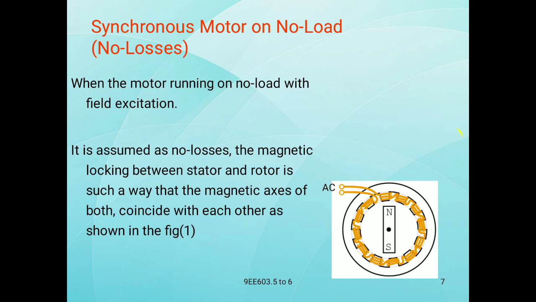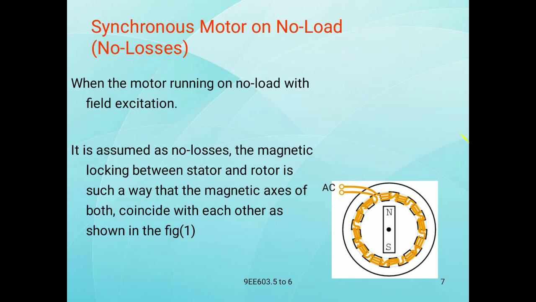Here, the synchronous motor on no load, that means with no losses. No losses means it is an ideal machine. Generally we assume that when the motor is running on no load with field excitation, there are no losses.